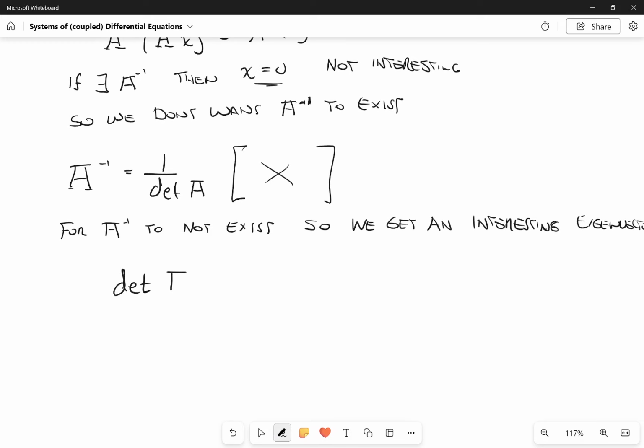The determinant of this fancy A: if it's 0, then A inverse doesn't exist because you're going to have a divide by 0. 1 over 0 does not exist.